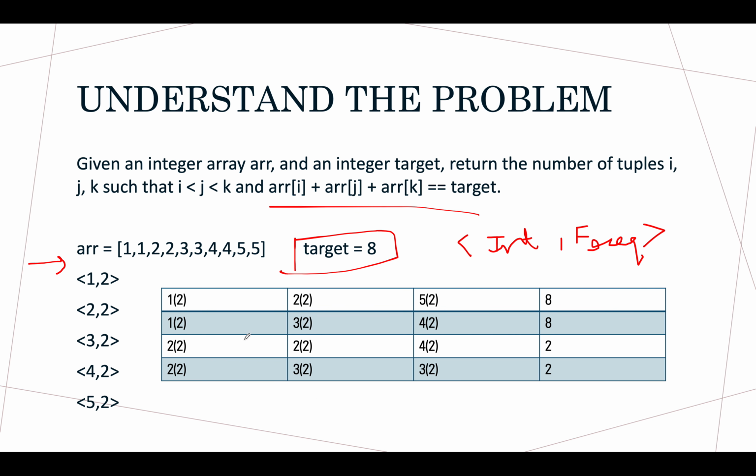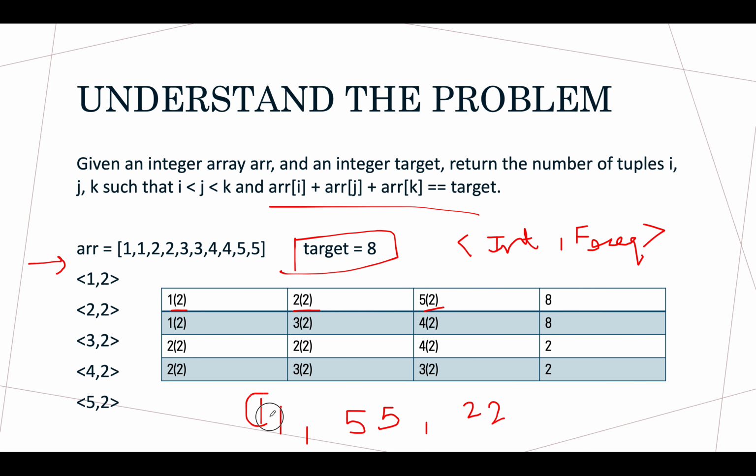So 8 can be generated using 1 plus 2 plus 5, and we have the frequency of 1 as 2, that of 2 is 2, and that of 5 is also 2. So the total number of ways in which you can generate 8 using these elements, 2 ones, 2 twos and 2 fives, is 8.